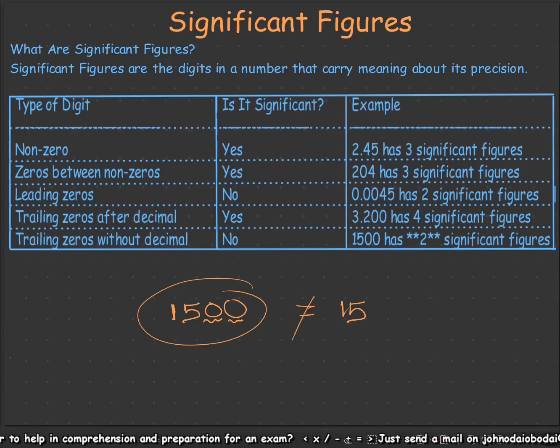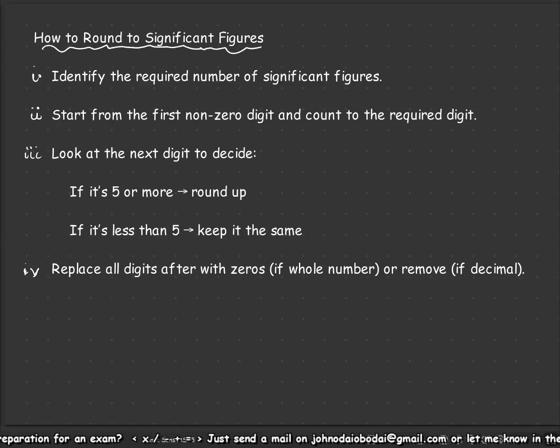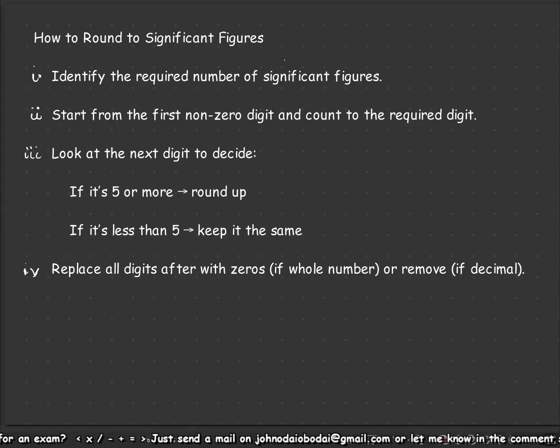Now let's see if we can solve some questions on it. To help us solve questions are these steps you see on your screen. It says how to round to significant figures. If you are asked to round a particular number into a number of significant figures, then first of all, for the number you have, identify the required number of significant figures.